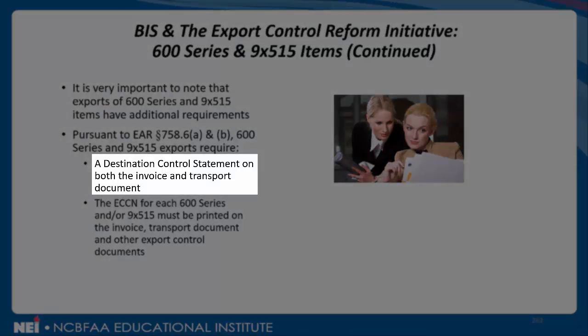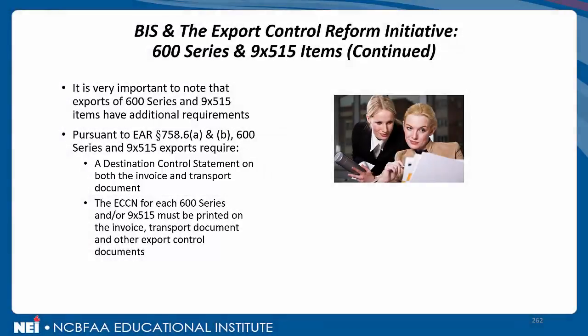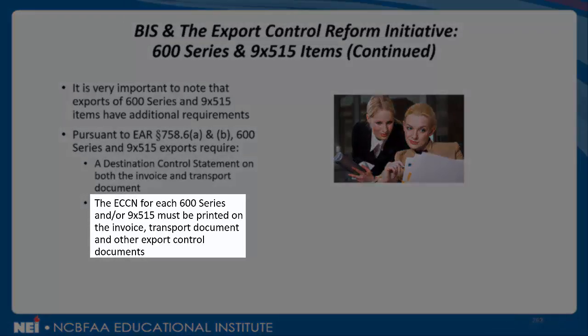We talked about that in some detail, to be placed on both the invoice and transport document. Second sub-bullet point, and this ties things off rather nicely, the ECCN for each 600 series and or 9X515 items must be printed on the invoice, transport document, and other export control documents.